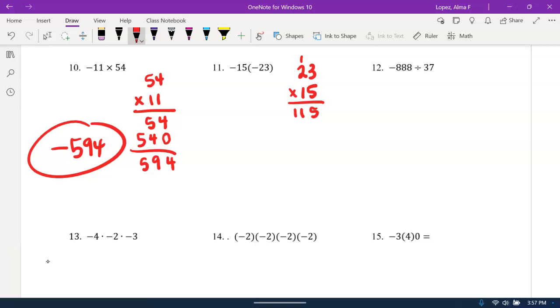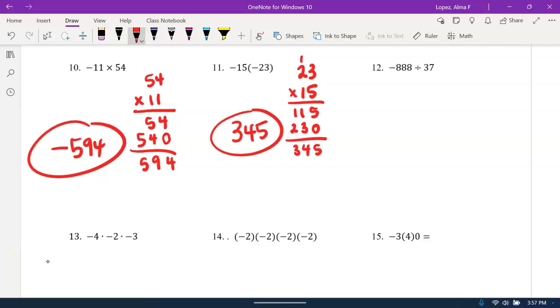Scoot over. Remember, you're going to need that 0 as a placeholder. 1 times 3 is 3. 1 times 2 is 2. And add the ones digits, the tens digits, and the hundreds digits. And because it's two of the same sign, our answer is positive.